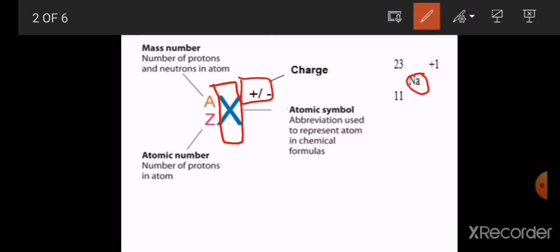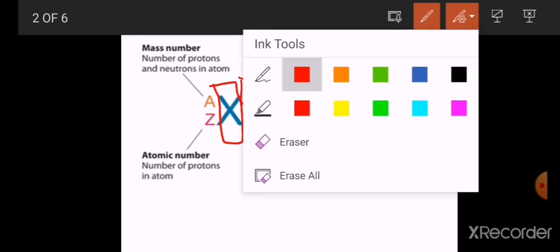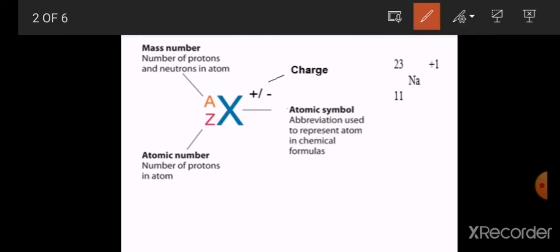So, kapag positive value, ibig sabihin, yung atom is positive charge or cation. Pag positive charge, laging tatandaan, cation.